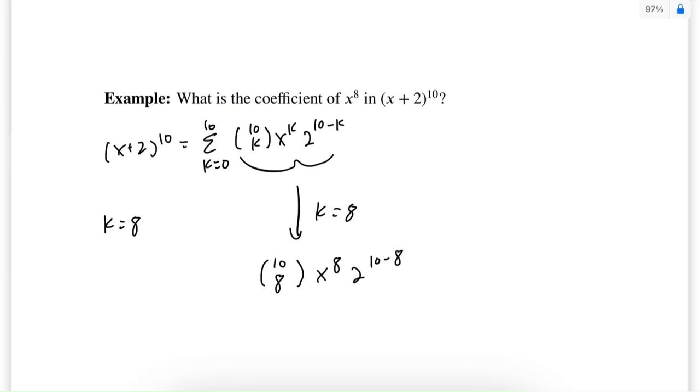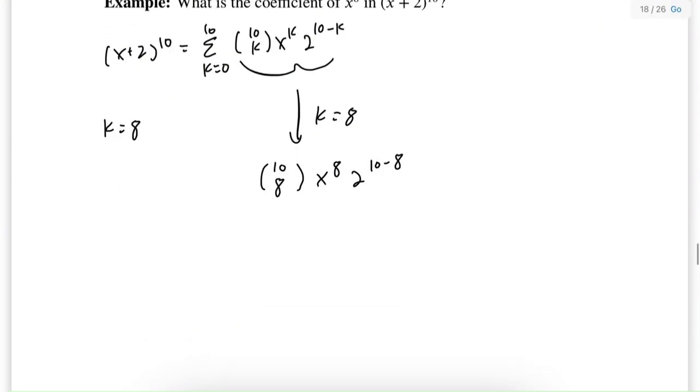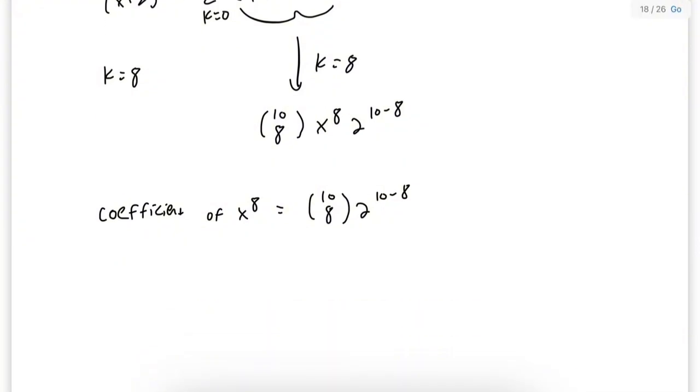So the coefficient of x^8 is just (10 choose 8) times 2^(10-8). And maybe just for fun, let's calculate what this turns out to be. This is 10 factorial over 8 factorial, 2 factorial. This is our formula from last time, right? Times 2 squared.